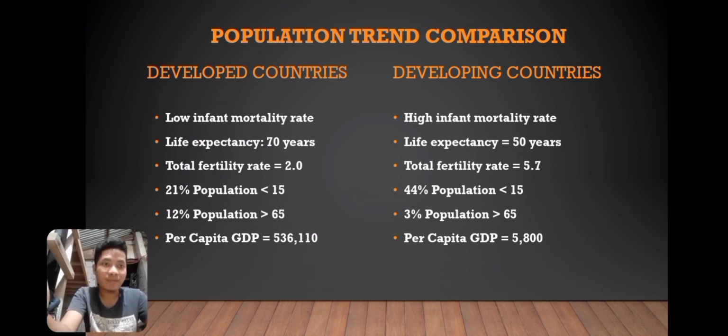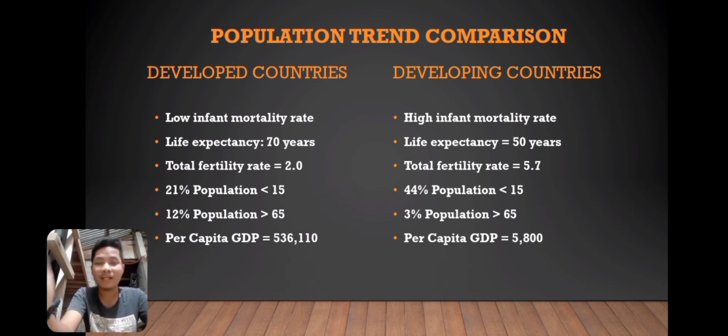While the developing countries naman, these are countries with a less developed industrial base and a low human development index. Meaning to say, mababa yung educational level and lifespan ng mga tao na nandito sa country. So sa nakikita nyo sa screen, the developed countries have a low infant mortality rate.